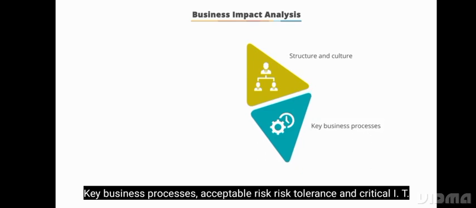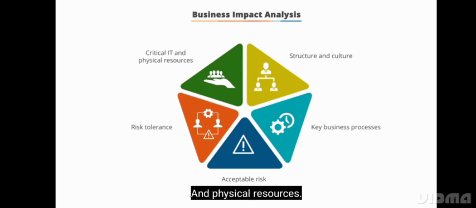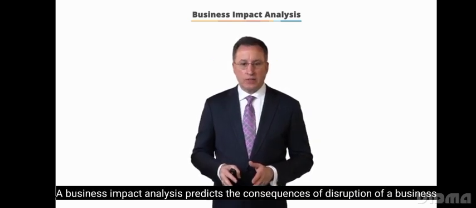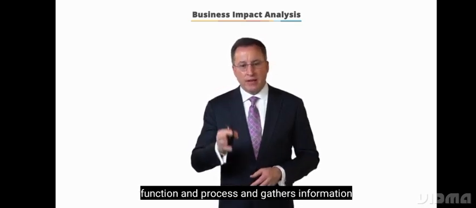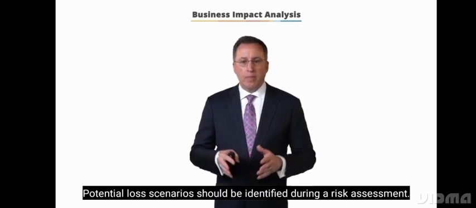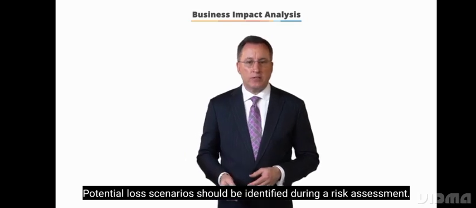To perform this business impact analysis, it is essential to understand the structure and culture of the organization, key business processes, acceptable risk, risk tolerance, and critical IT and physical resources. A business impact analysis predicts the consequences of disruption of a business function and process and gathers information needed to develop recovery strategies. Potential loss scenarios should be identified during a risk assessment.